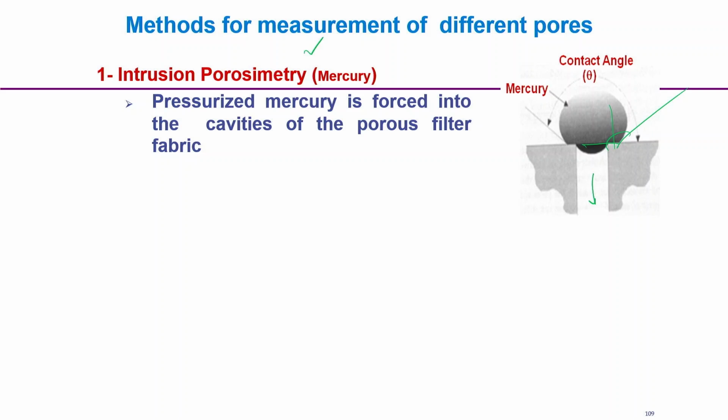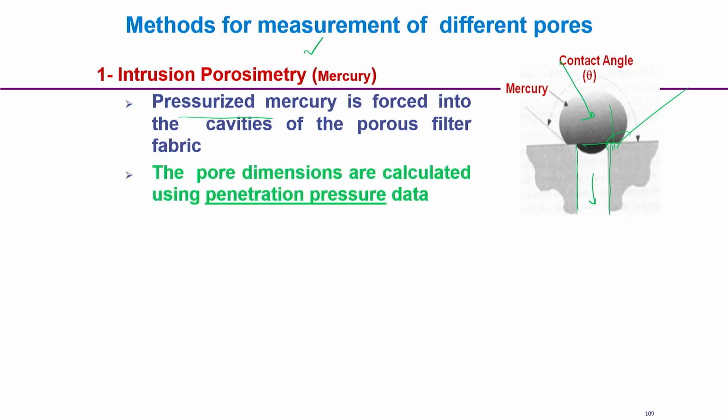So, pressurized mercury is forced into the pores, that is the cavity of any porous medium, and the pore dimensions are calculated based on the penetration pressure.